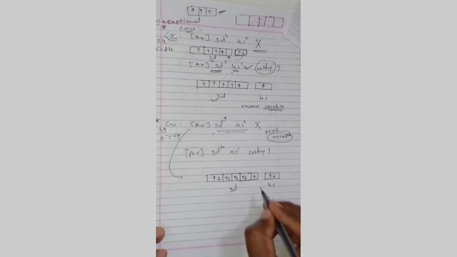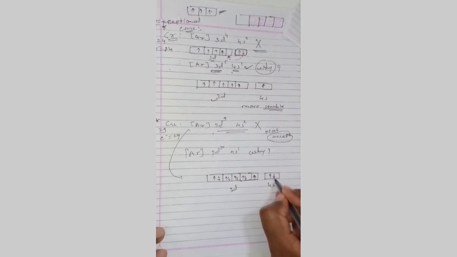So to gain more stability, an electron from the 4s orbital shifts to the 3d orbital.